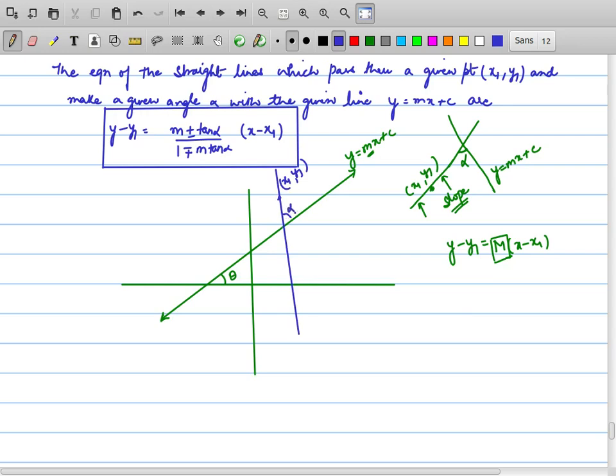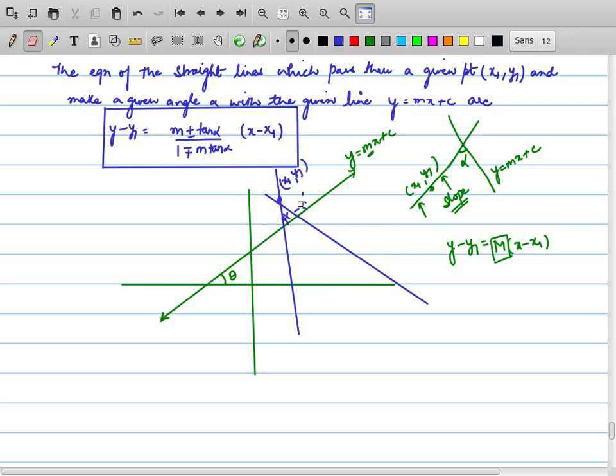So one of the cases could be like this, and the other case could be, let's say, this is another case. Our line is still passing through x1, y1. One of the cases could be this is alpha, and the other case could be this is alpha.